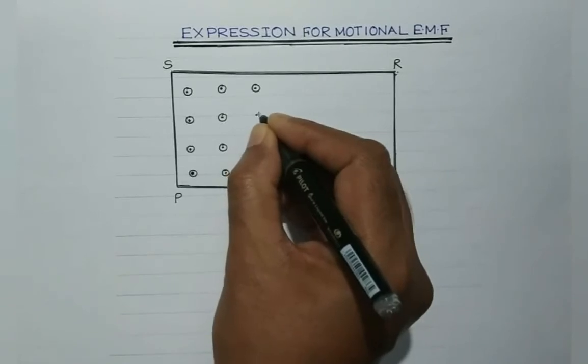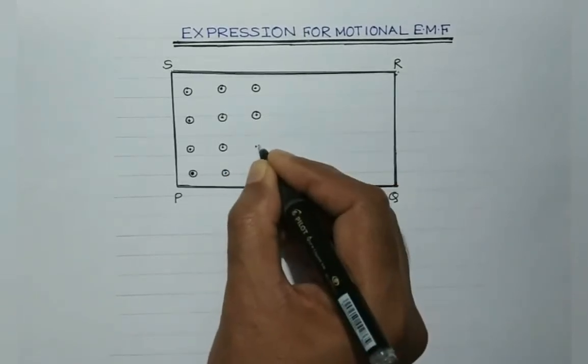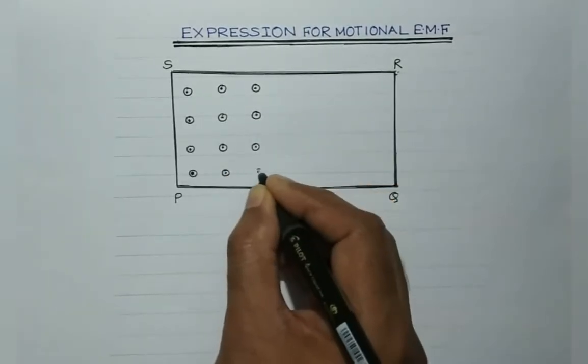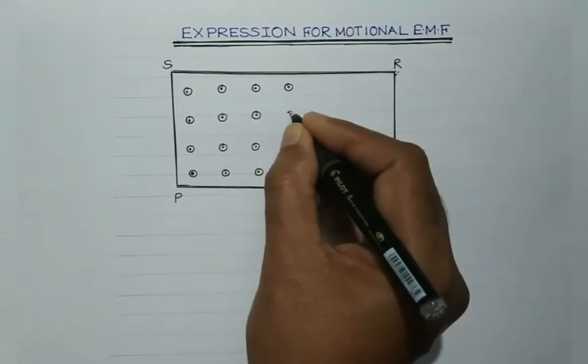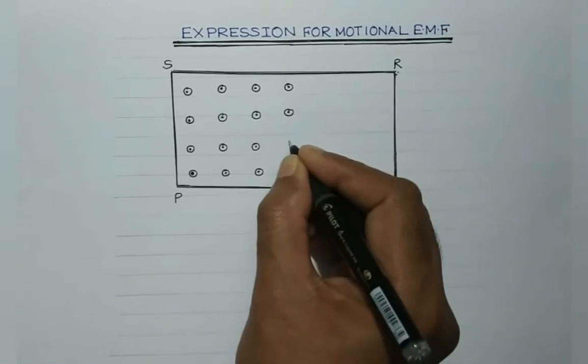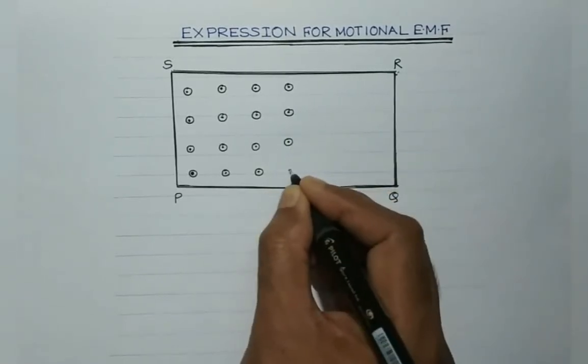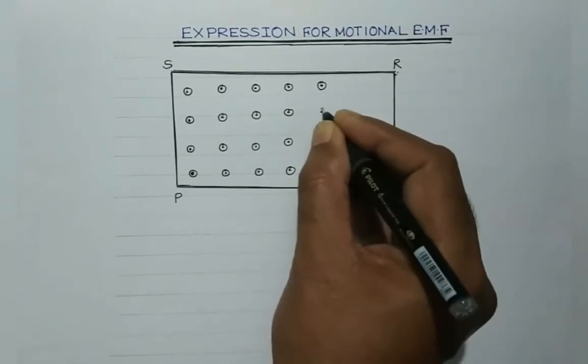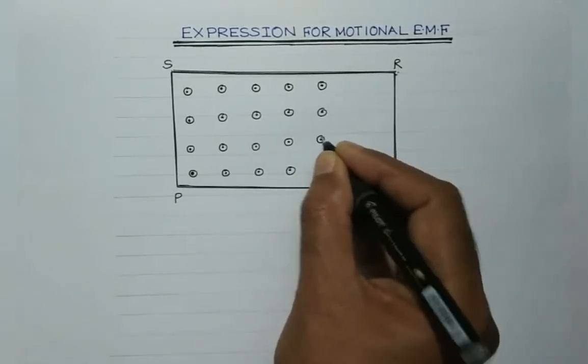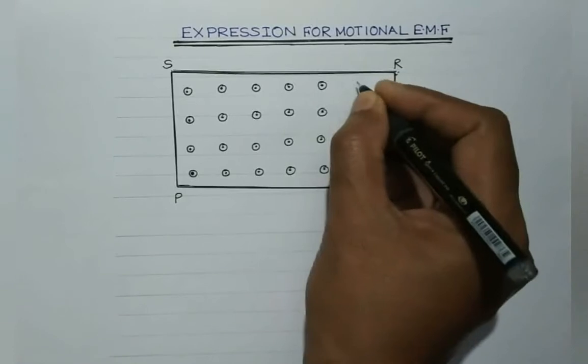PQRS is a region of uniform magnetic field in which the magnetic field in the given region is assumed to be constant and its direction is perpendicular to the plane of the paper and directed outwards. So this is a region of uniform magnetic field, right?